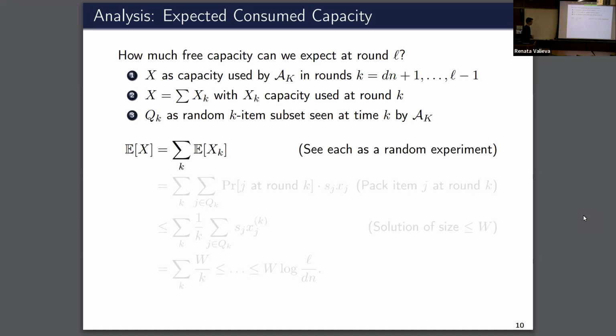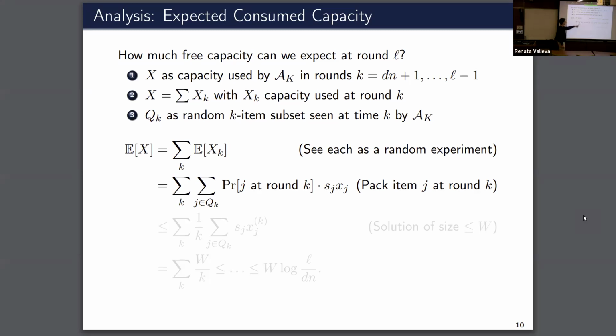So we enjoy linearity of expectation and think of each round as an independent random experiment. This is something that also other papers do, and it's pretty nice because then you can consider only this current round and its resource consumption according to some K item subset.